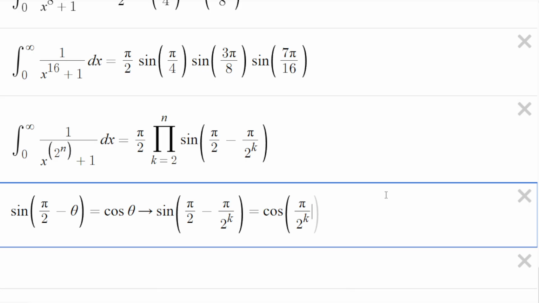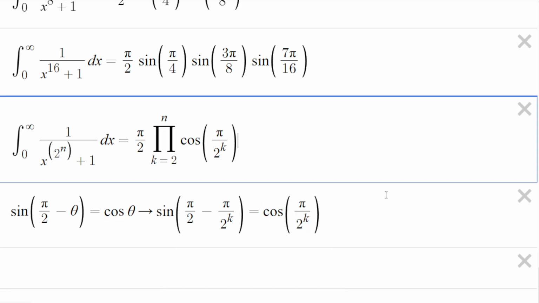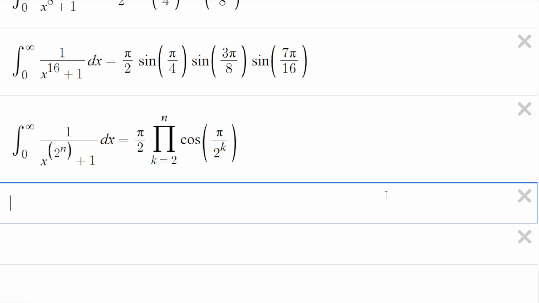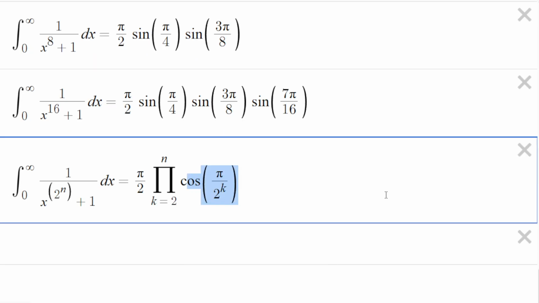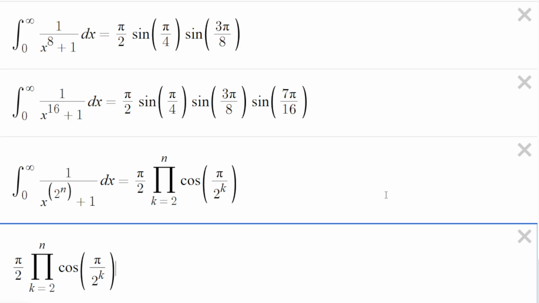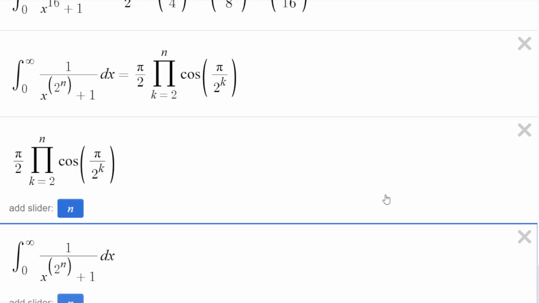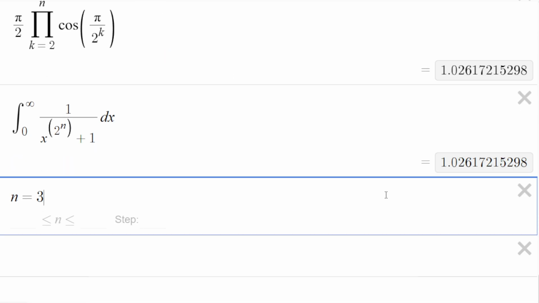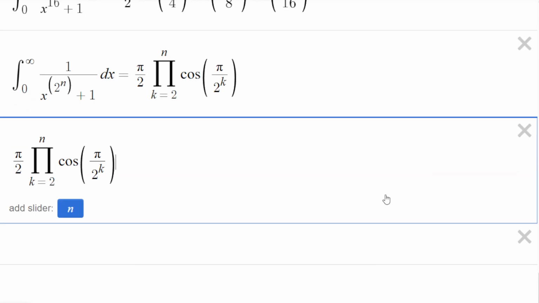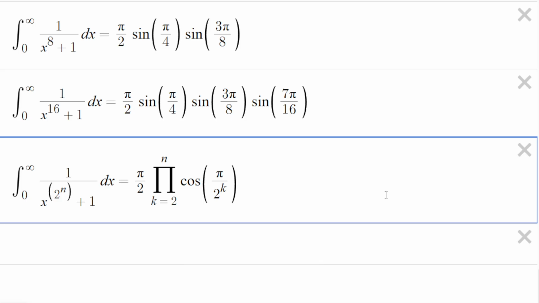All right, so this expression right here is just this. Great. Let's check this before we go any further. Plug in some values for n: 2, 3, 4, 5, 6. Yeah, looks good. Okay. So this is true.